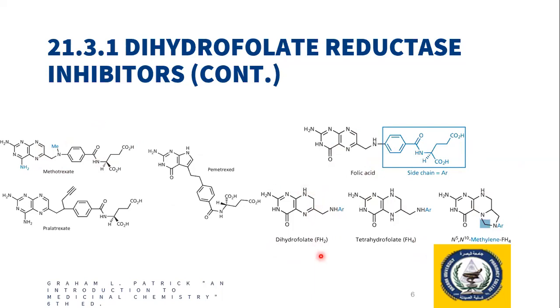The tetrahydrofolate is basically just adding another two hydrogen atoms, one here and one there. And the N5,N10, just as the name implies, has one methylene group between N at position number 5 and N at position number 10. All right.